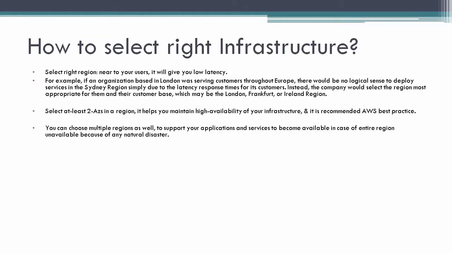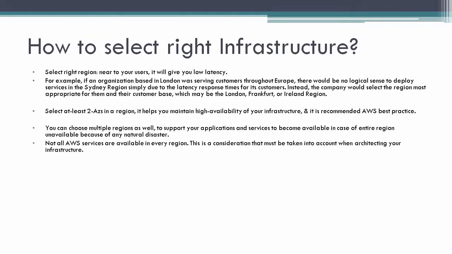You can use multiple regions as well. If your whole region becomes unavailable because of a natural disaster, you can set up a disaster recovery plan, and you can still serve your users from another region. So using multiple regions will be helpful for your users.